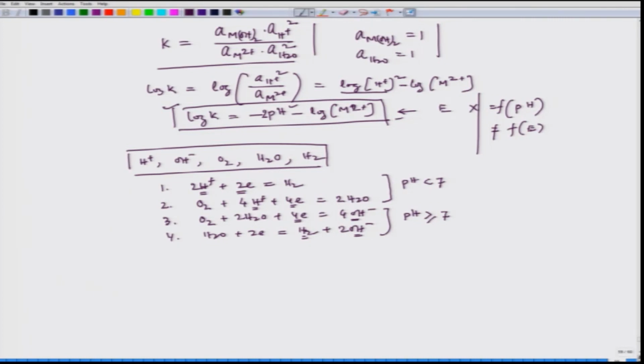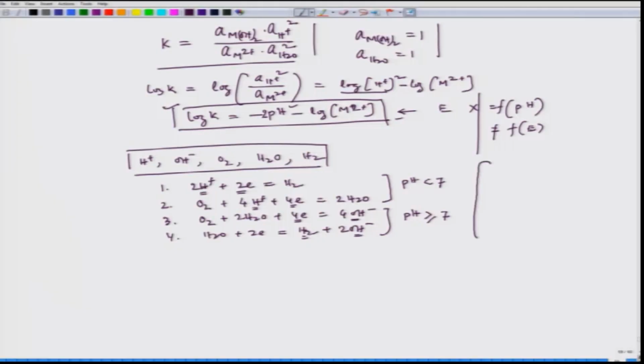Now, whether we have H plus or OH minus, we can express the Nernst equation in terms of potential as well as pH. So, now all 4 reactions are a function of potential and a function of pH.